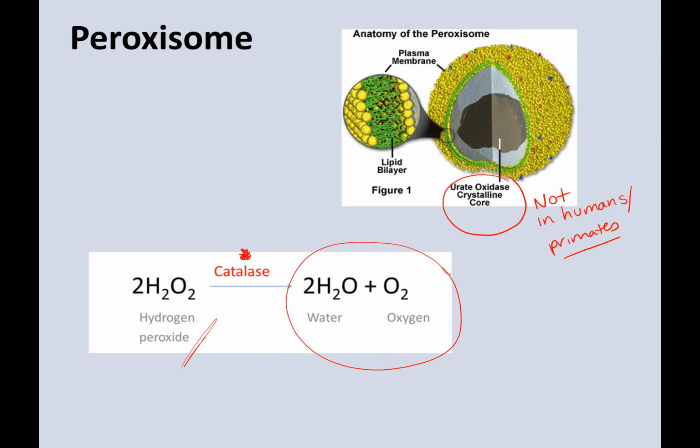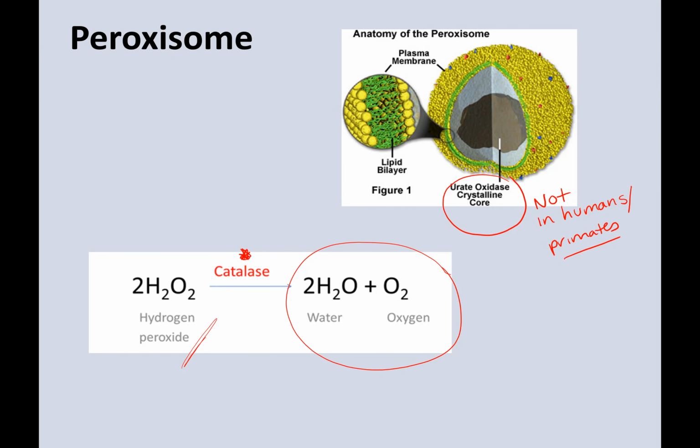So sometime when primates evolved, something happened to that gene. You can find urate oxidase in bacteria, other mammals, in beans, in legumes, in yeast.